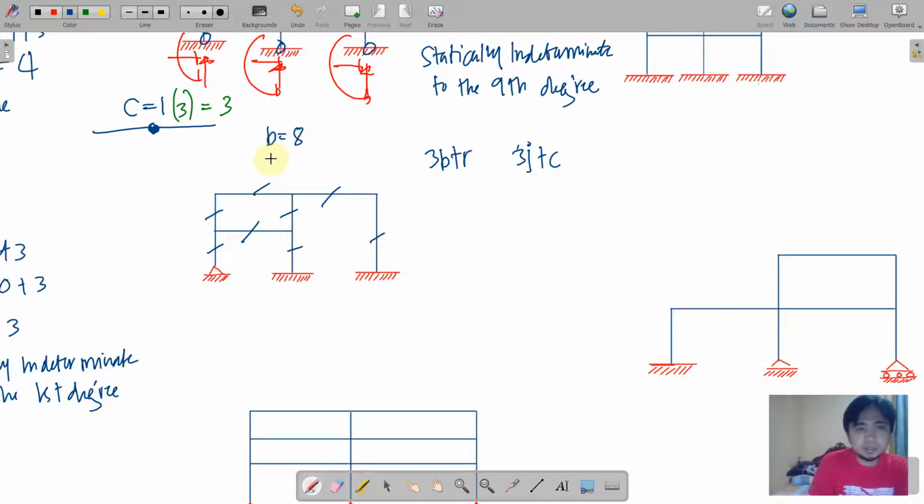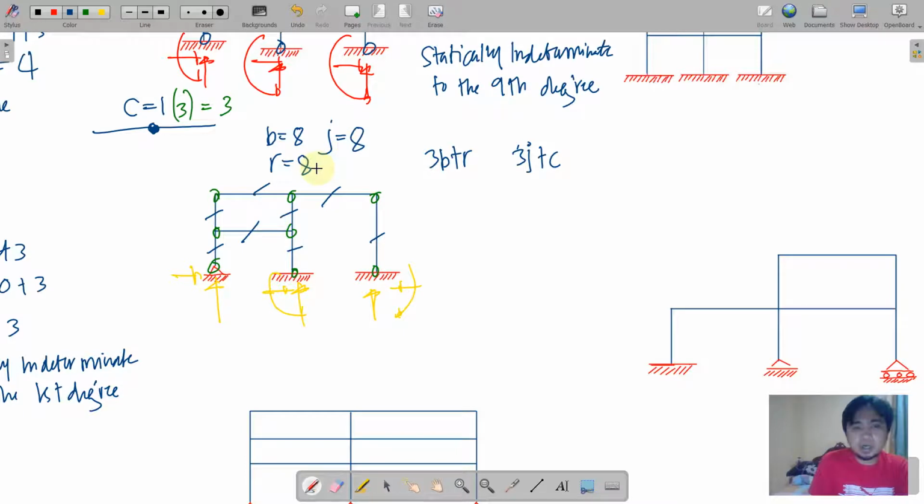And the number of reactions, we have 3 here, another 3 here, and we have 2 on the pin connection. So all in all, we have 3, 3 that is 6, plus 2, that is equivalent to 8. And then for the number of joints, 1, 2, 3, 4, 5, 6, 7, 8. We have 8 joints.